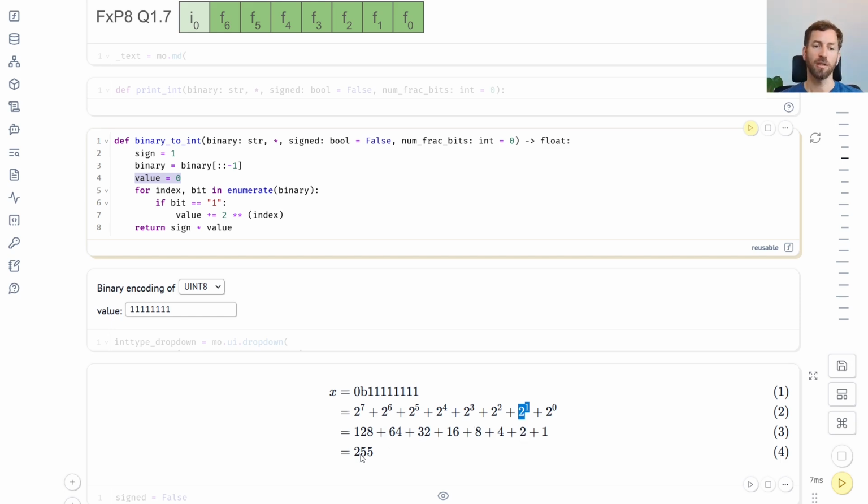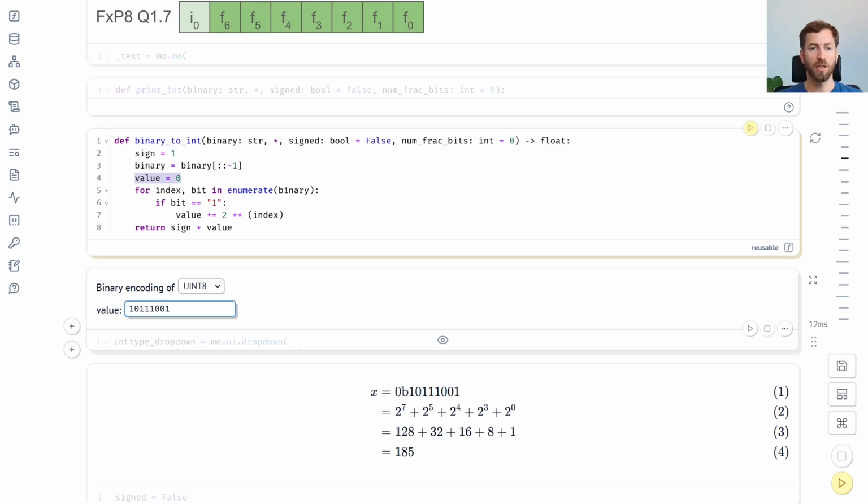So overall, the value represented by only ones is 255. In the field of computer vision, you should be very familiar with this value. So now we can also select a random sequence of ones and zeros and generate the resulting value.